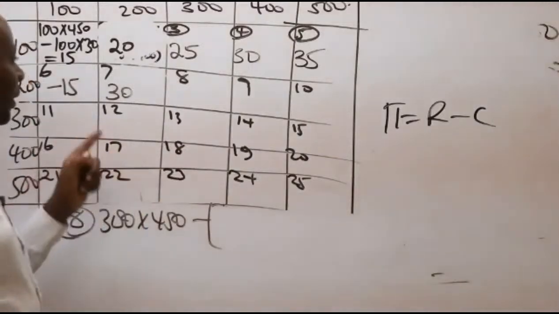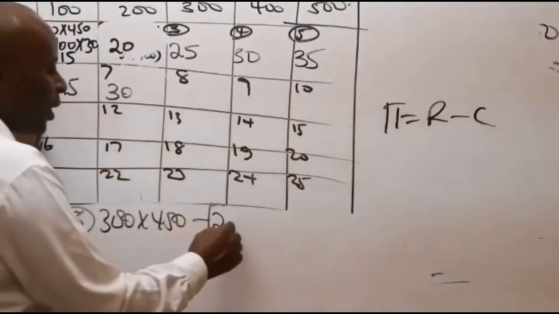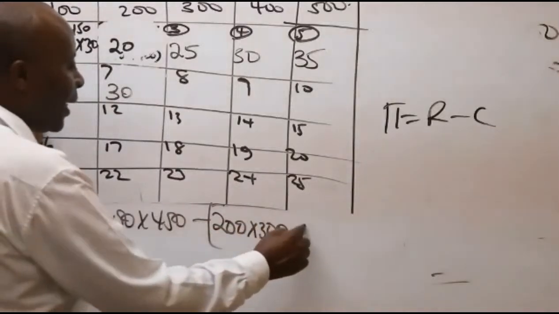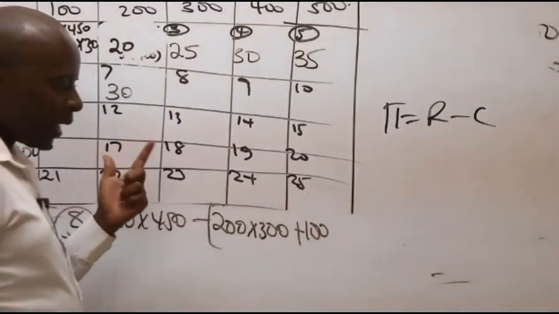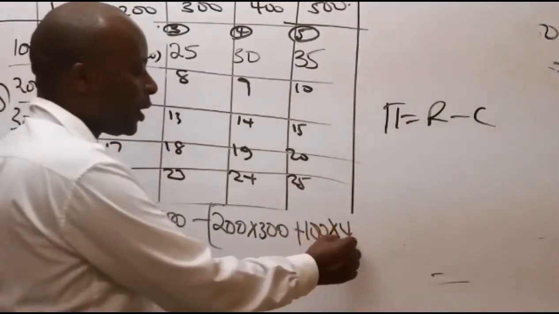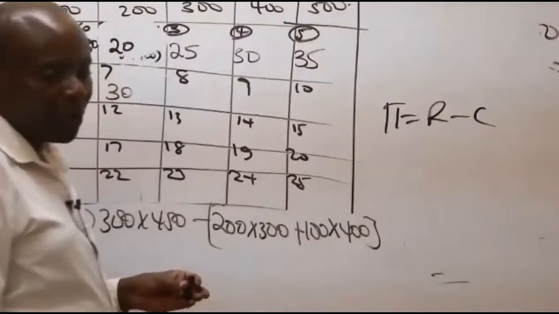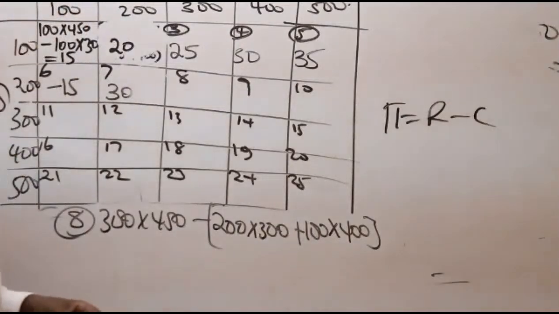There is a normal cost of producing 200 at 300, plus 100 more, because now we have to push up 100, times the cost of producing more, which is 400. Let's see whether it will come to 0, Jerry, or 25.